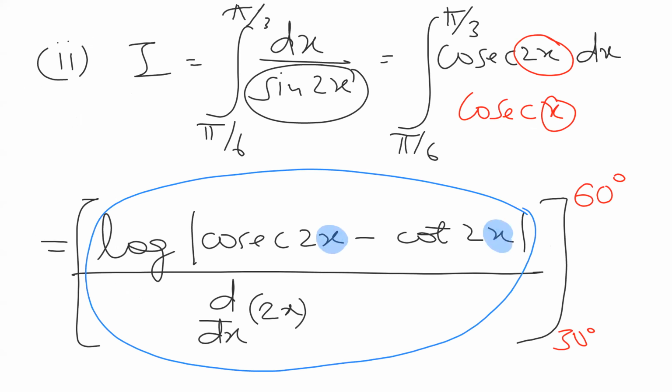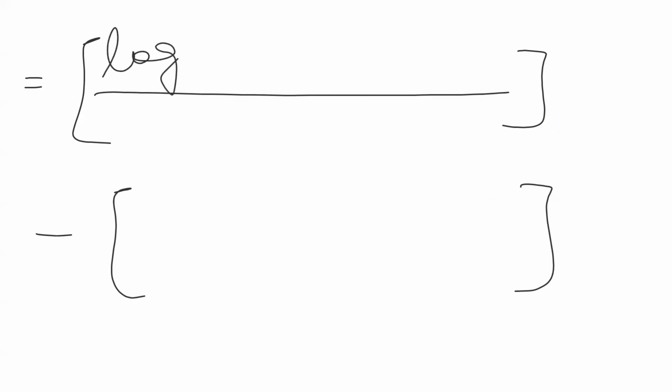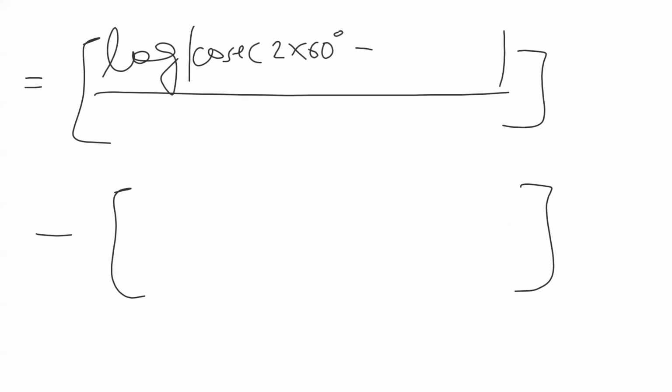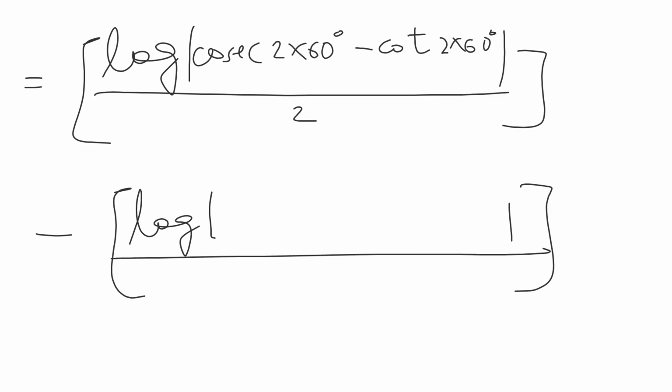So log modulus cosec 2 into 60 degrees minus cot 2 into 60 degrees, upon 2, minus log modulus cosec 2 into 30 degrees minus cot 2 into 30 degrees, upon 2.